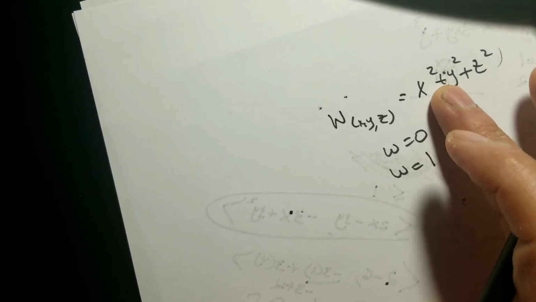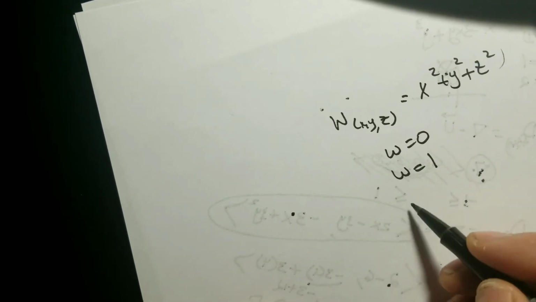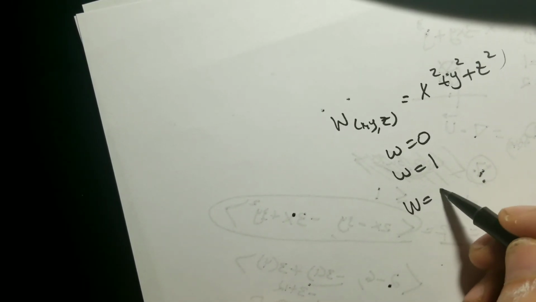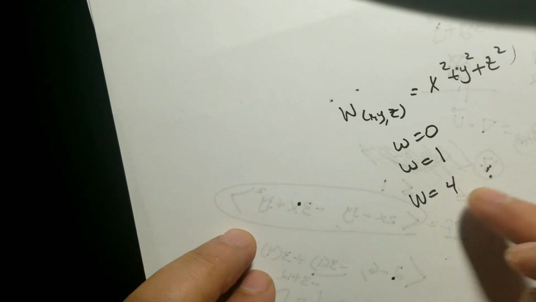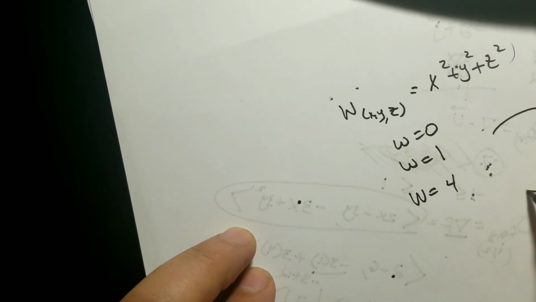You have a point. W equal to 1, what do you have? That's 4 dimensions. You go 1 unit above the space and you have a sphere with a radius of 1. What happens at w equal to 4? You go 4 units up in the w axis. At that level, you have a sphere with a radius of 2. Therefore, that is a level surface.